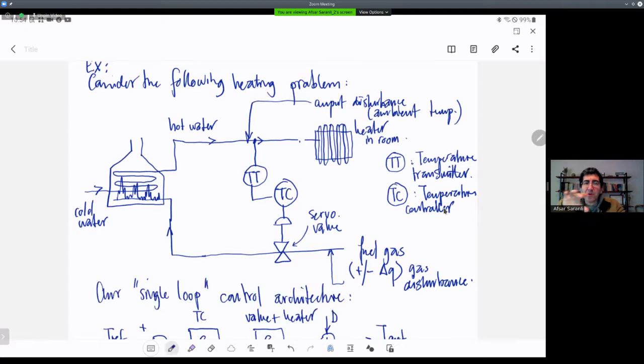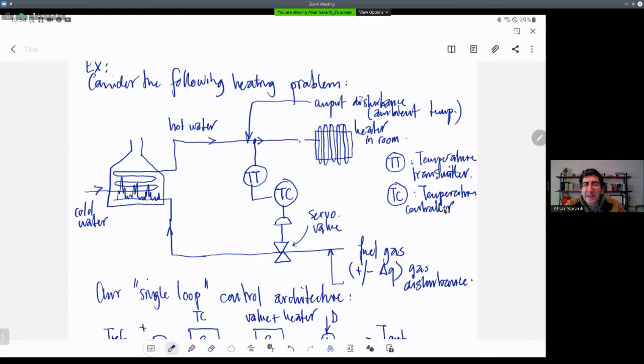As long as the disturbance is at the output, that means there is ambient temperature affecting the output. As soon as we have a change in the output, we sense that, and we can actually change the control valve in order to increase or decrease the gas flow in response to that.